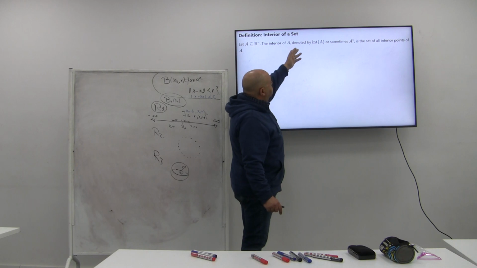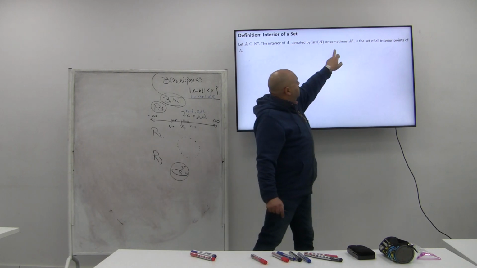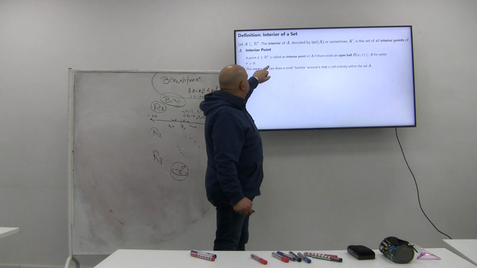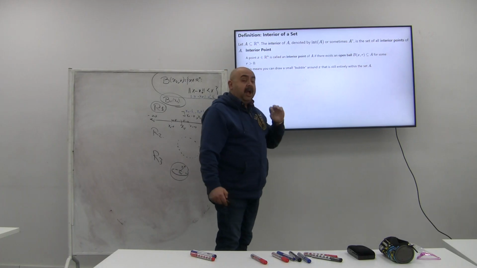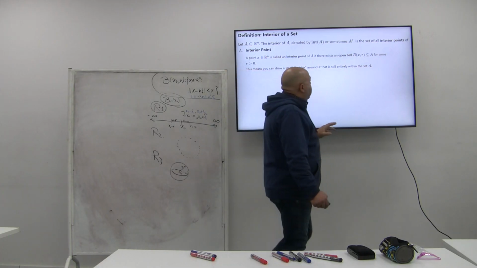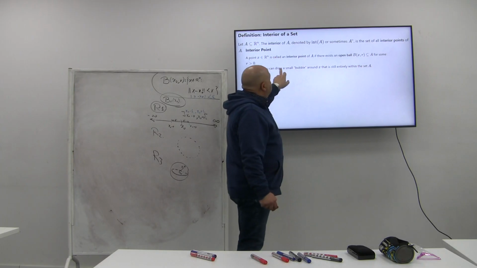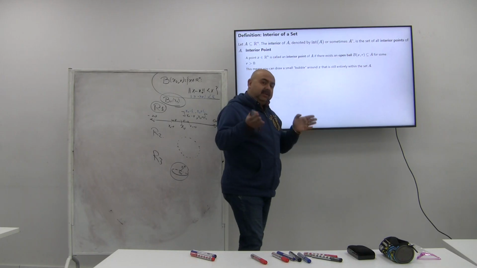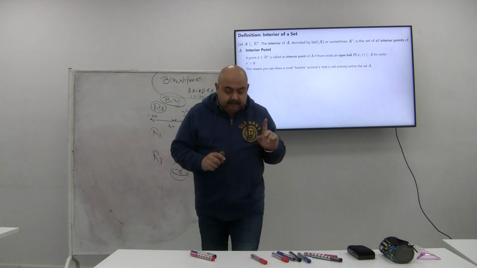The interior of A, denoted by int A, or sometimes A node, is the set of all interior points of A. A point x is called an interior point of A if there is an open ball, a subset of A, for some r greater than 0. This means you can draw a small bubble around x and still it is well inside your set.